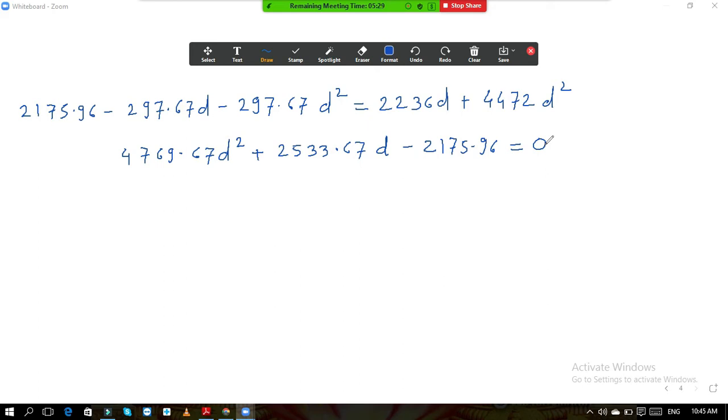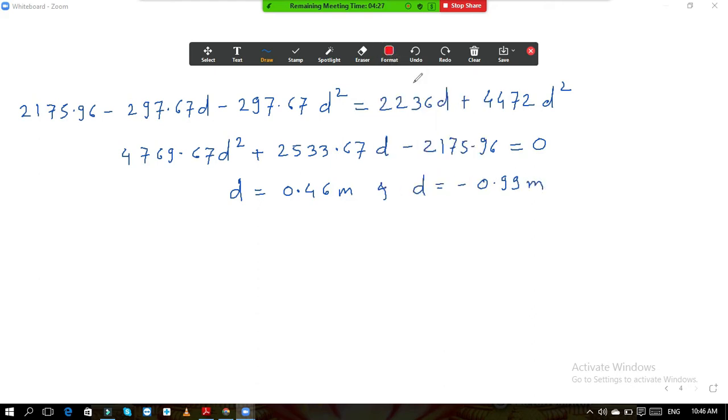Okay, the degree of equation is 2, so there are two values over here, the two roots x1 and x2. I will write here the two values: d is equal to 0.46 meter, and d is equal to minus 0.99 meter.